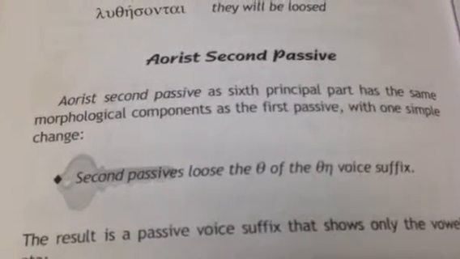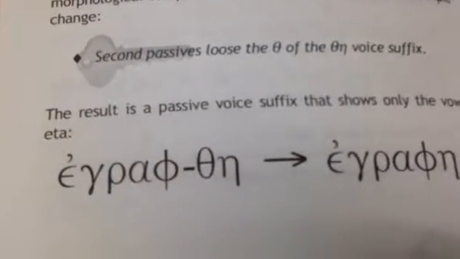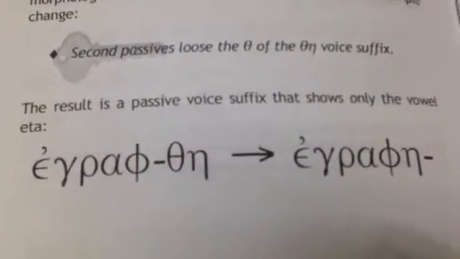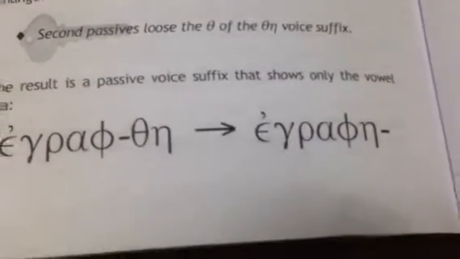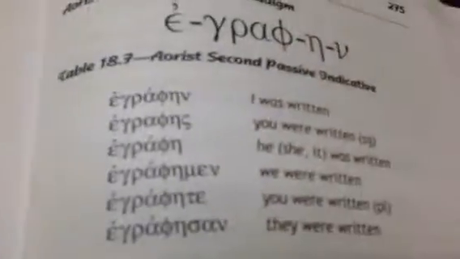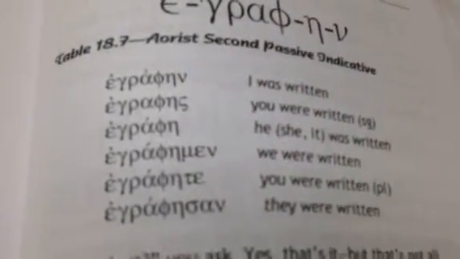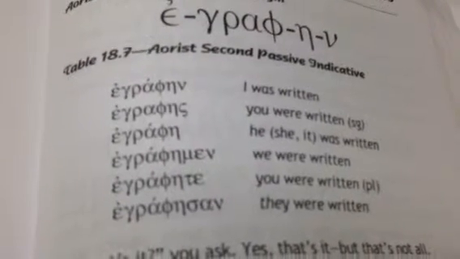It's just a recognition sort of thing. So a grapsthe from grapho is one of those. Notice that it loses the theta. That's simply what happens. You have to learn this by observation. And so notice that's a little hard to recognize, and you just have to learn this from encountering it.